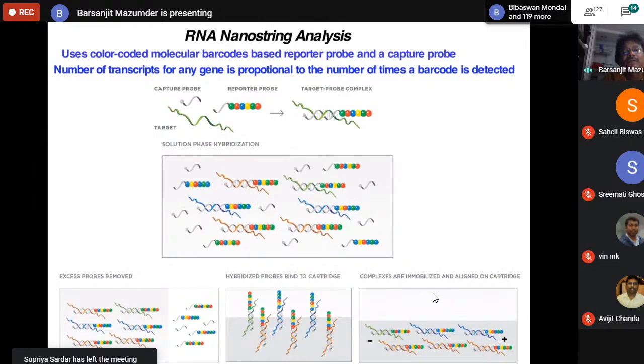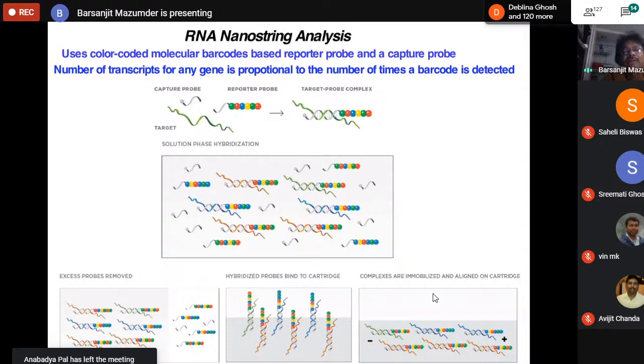So what is RNA NanoString analysis? This is a color-coded, molecular barcode-based reporter probe system that can target any gene. You can buy this probe set and then probe your RNA.